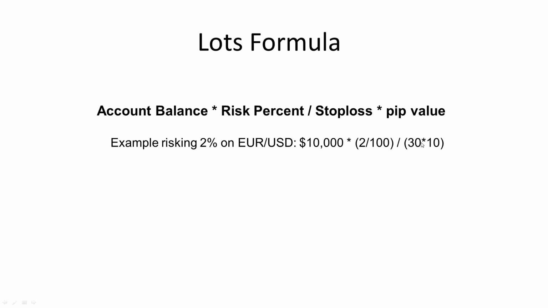You take that 30 pips and multiply it by the pip value. For the euro dollar, we know that pip value is 10. If that was the euro pound, based on the previous calculation, it was around $17. That part's very critical here. If you don't multiply by the actual pair's pip value, you can get yourself into a position where you're risking almost twice as much as you wanted.